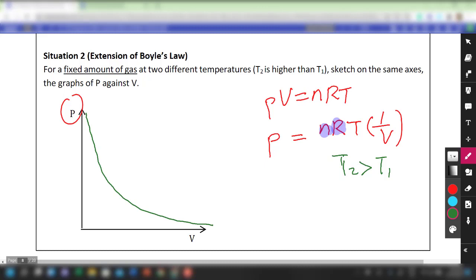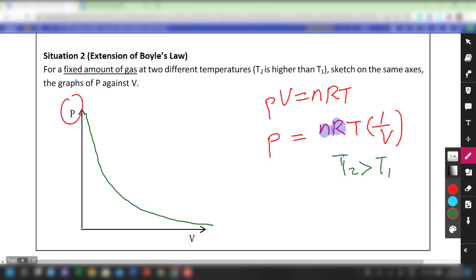Over here, what we are going to encounter is that your nRT value will be different for different temperatures.